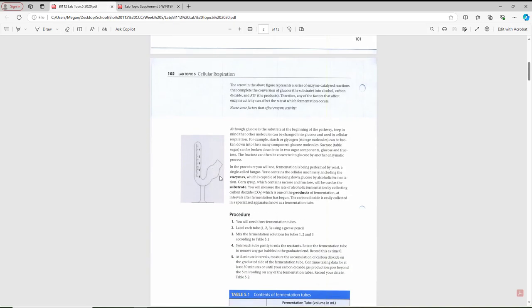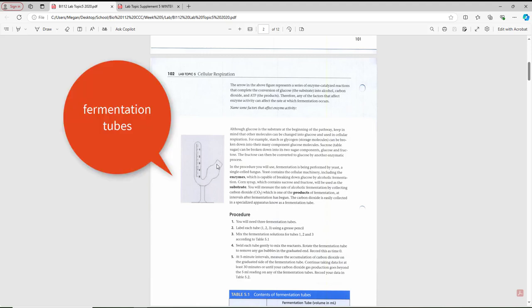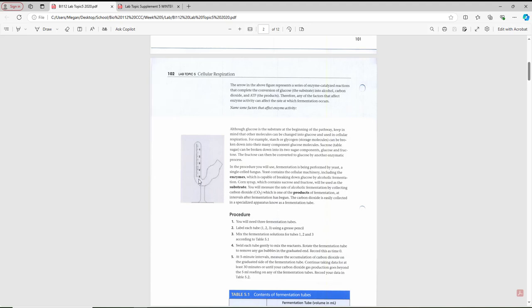In the in-person lab, they use fermentation tubes. They filled these tubes with a yeast solution. Yeast are the actual organisms used in this experiment, and they're single-celled eukaryotes, so they have nuclei. The fermentation tube is set up with the yeast, and we include water and corn syrup.